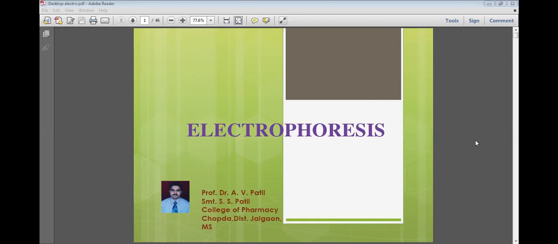The ions travel along the stationary phase due to the presence of an electric current, and according to the mobility of the individual ions, they get separated out at their respective ends, that is cathode as well as anode. So this is a very simple principle involved behind electrophoresis.